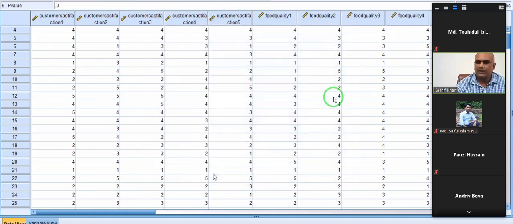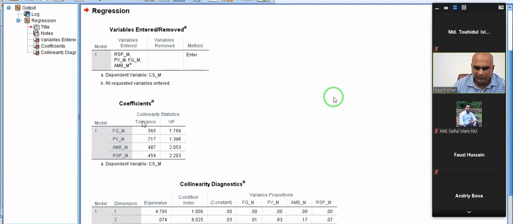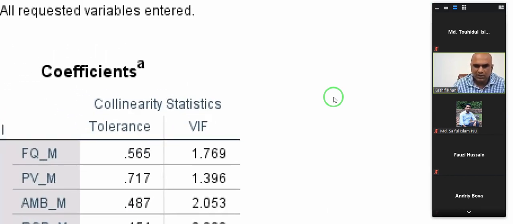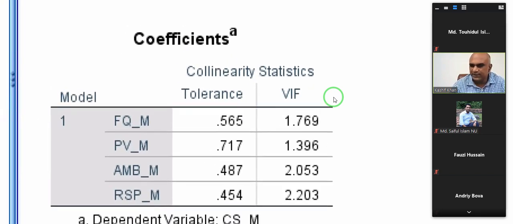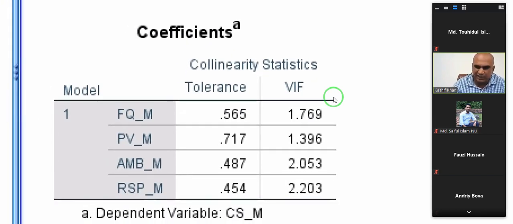Okay. And if you look here, often in a thesis people report these values. If the VIF value is less than 3.3 or 3, you should be happy. There is no multicollinearity issue. There should be correlation, but there should not be high correlation.